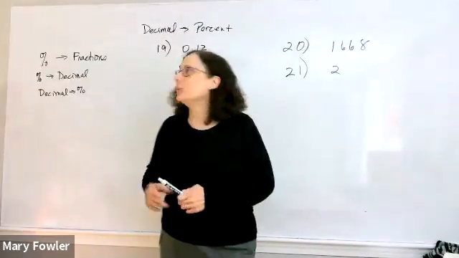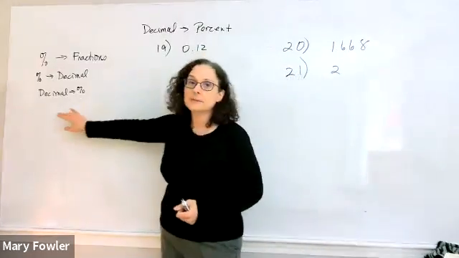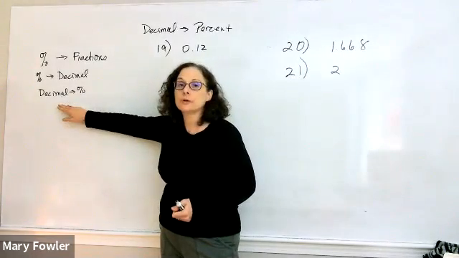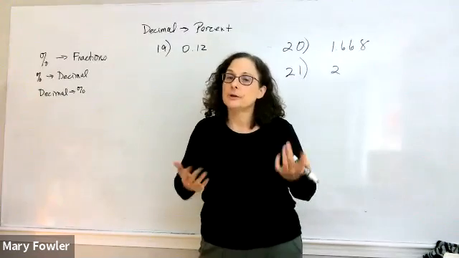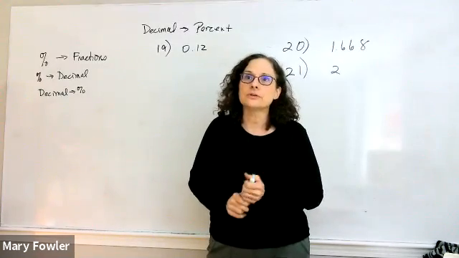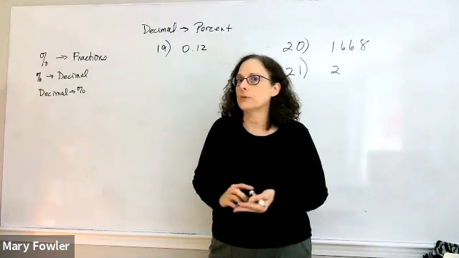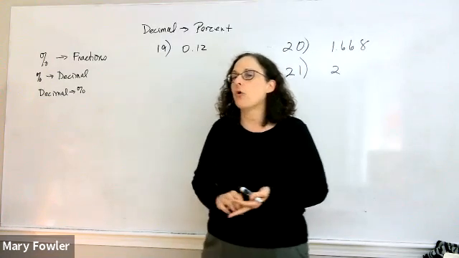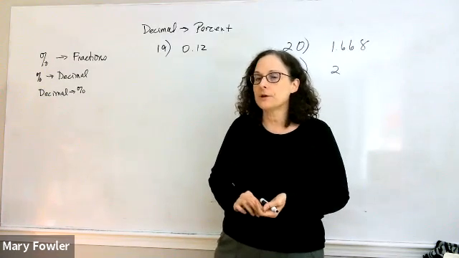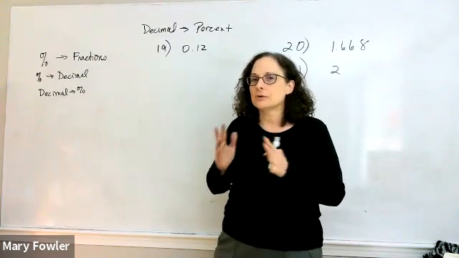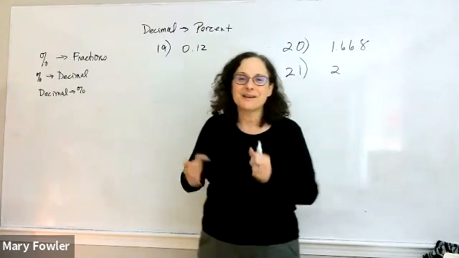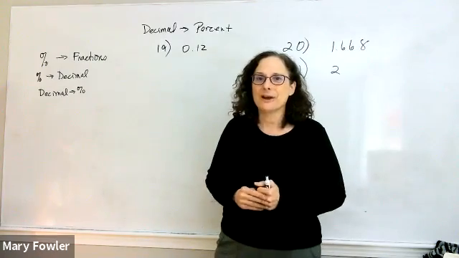Hi. So in this set of problems, we're going to learn how to convert from a decimal to a percent. One of the things that we've used in converting and working with numbers has been that it's always okay to multiply a number by 1 and not change its value. So sometimes when we're finding common denominators, we do that kind of thing too, right?